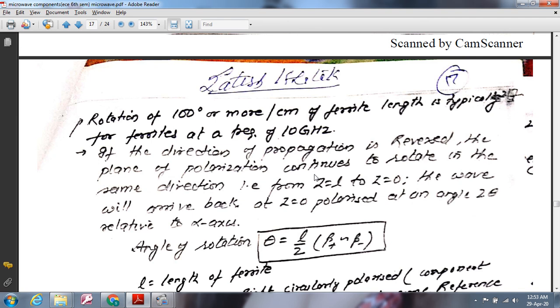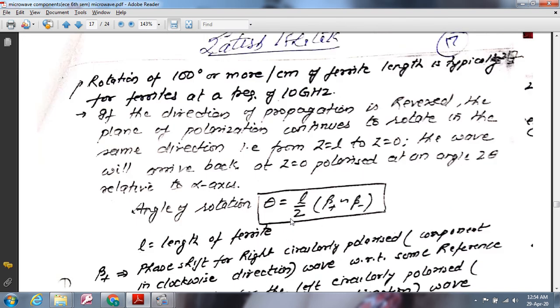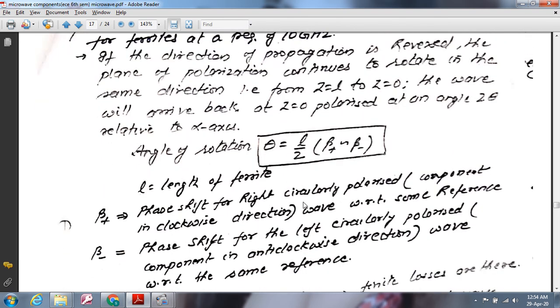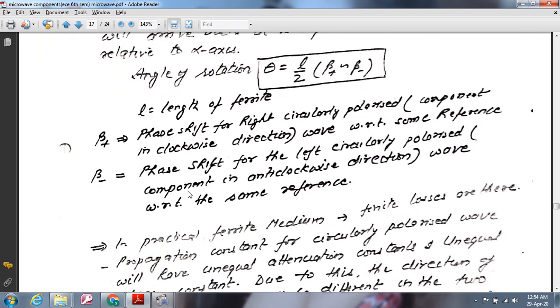For z equals L to z equals 0, the wave will arrive back at z equals 0 polarized at an angle twice theta relative to the x-axis, and the angle of rotation can be given by this equation, where L is the length of the ferrite and beta positive can be regarded as the phase shift for the right circularly polarized component in the clockwise direction with respect to some reference, and beta negative the phase shift for the left circularly polarized component in the anticlockwise direction with respect to the same reference.